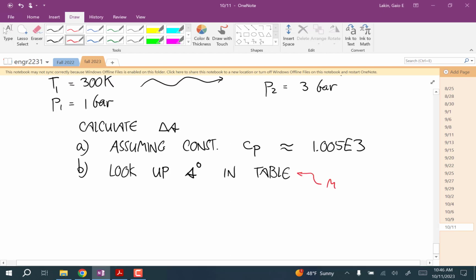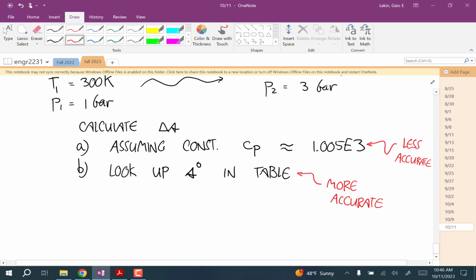This is the more accurate way. This is the quick and dirty way. And what you're going to see is that for an ideal gas, the error in making that assumption over a big temperature range like this is going to be quite a bit bigger. It still can give you a useful idea.